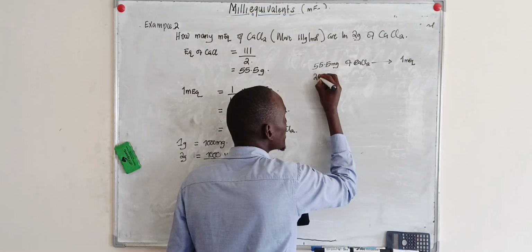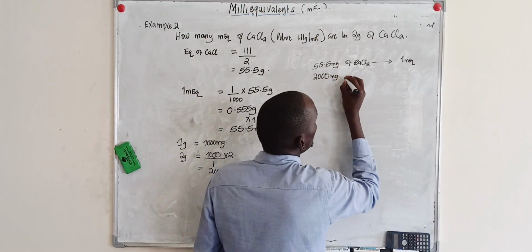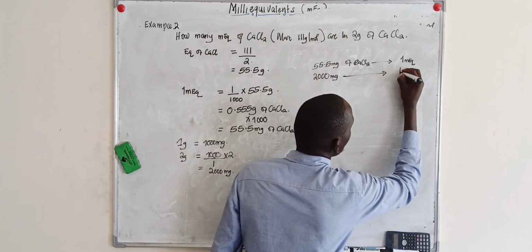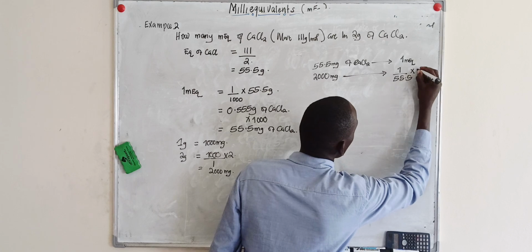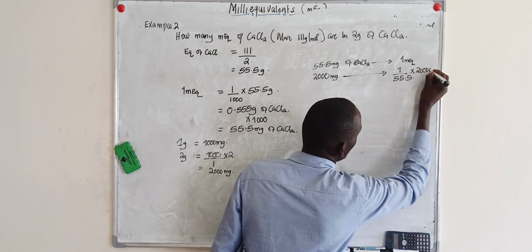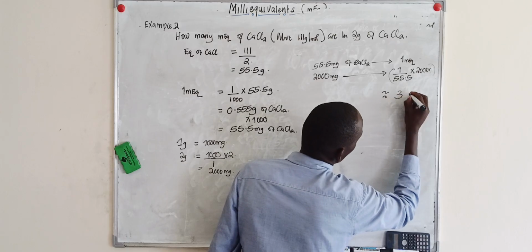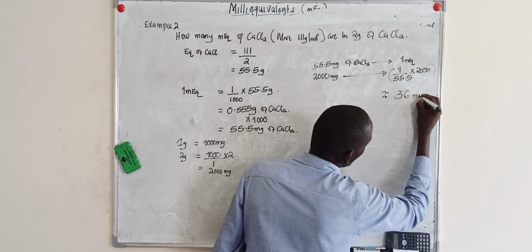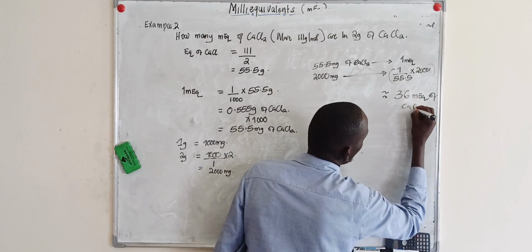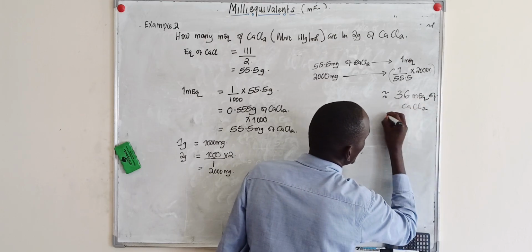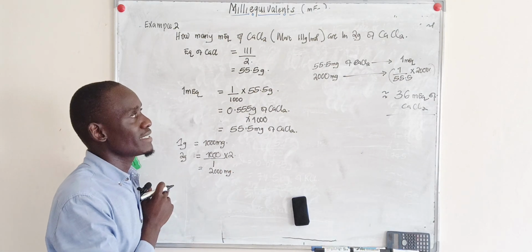How about the 2,000 milligrams of calcium chloride? It will contain 1 over 55.5 times 2,000. When we compute this, we get approximately 36 milliequivalents of calcium chloride. And that is how we can arrive at the answer.